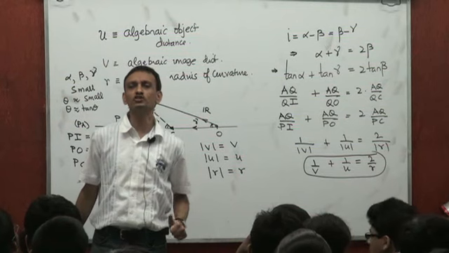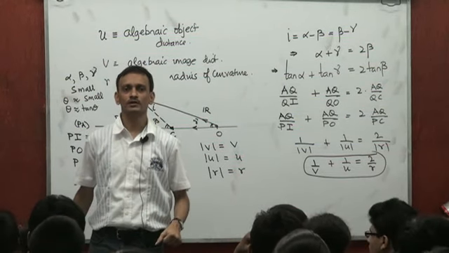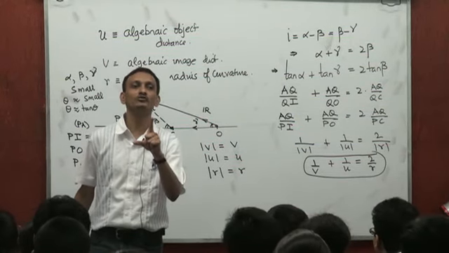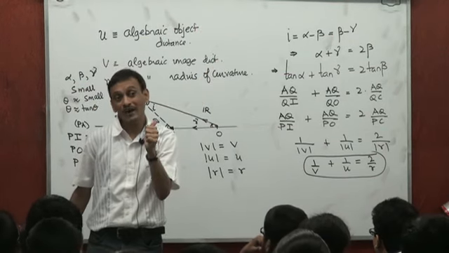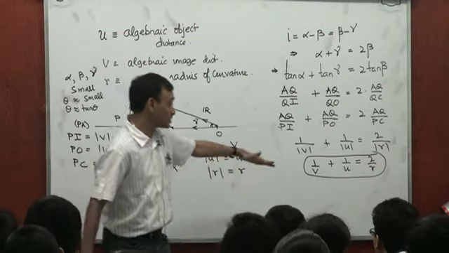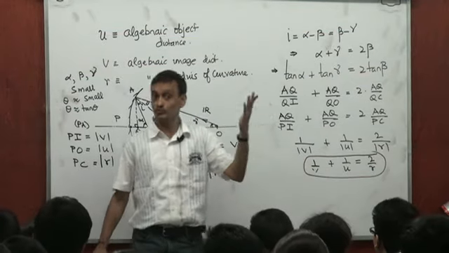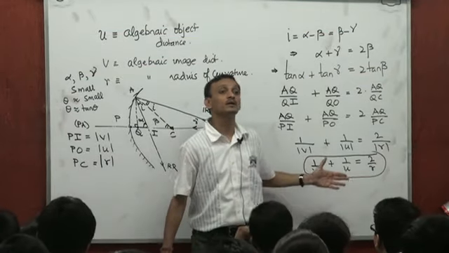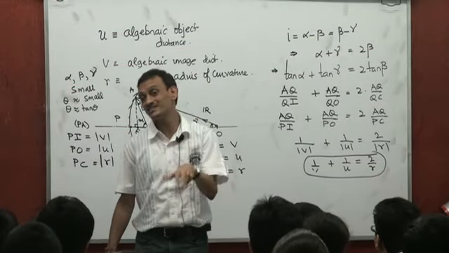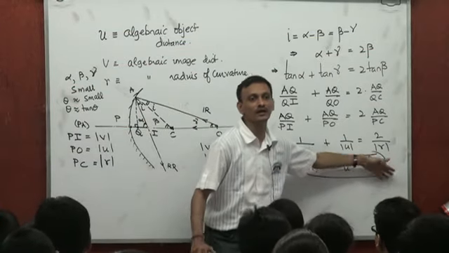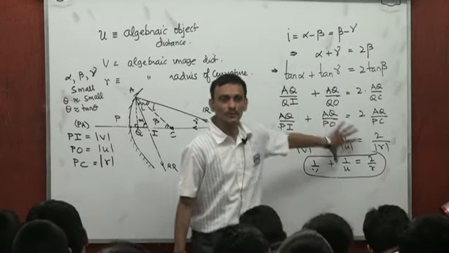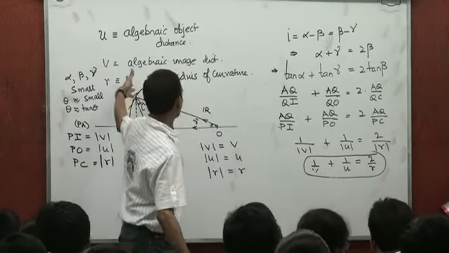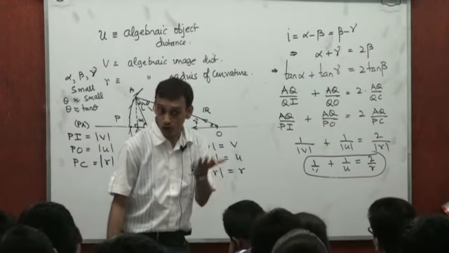If we had not done so, then for each kind of mirror, you would have had to arrive at a different formulation. But now, the fact that U, V and R are algebraic, you would expect the same relationship to come up even for a convex mirror, because it's just the sign of U, V and R which you can plug in based on the nature of the mirror. So let me quickly tell you a similar derivation for a convex mirror.